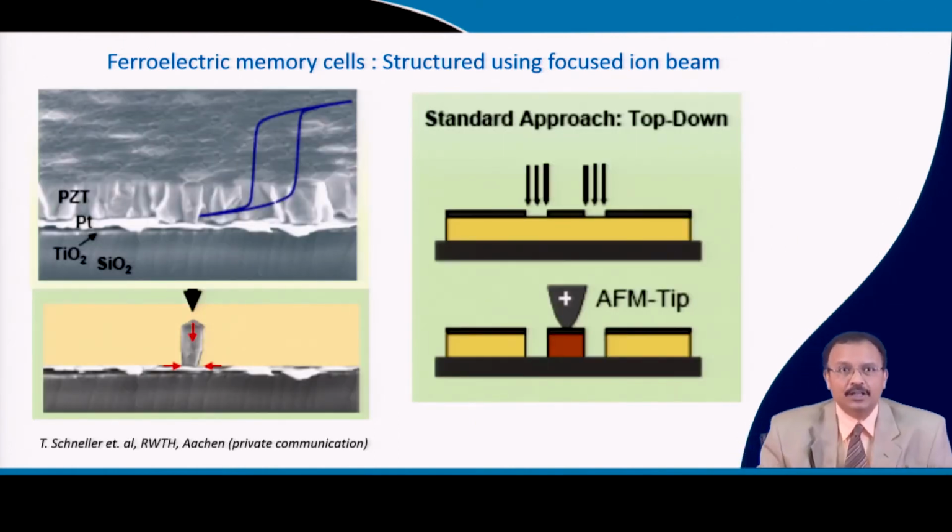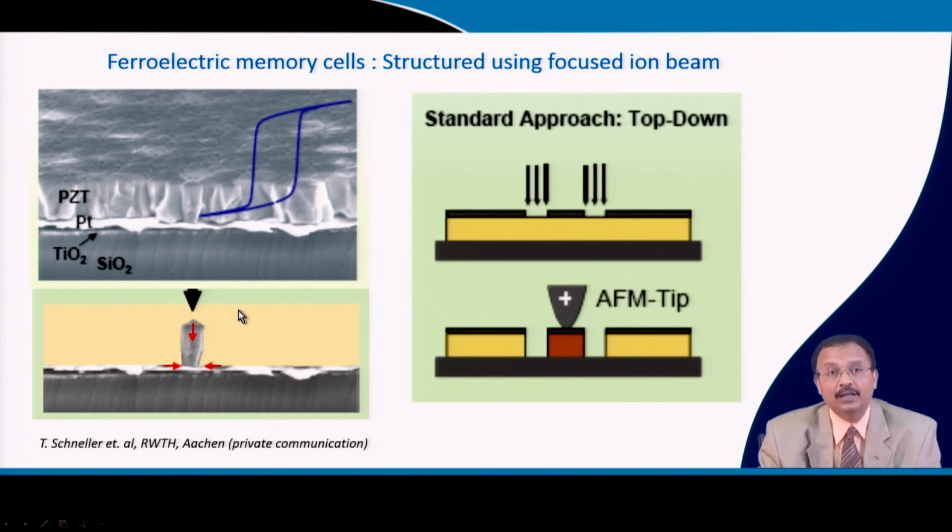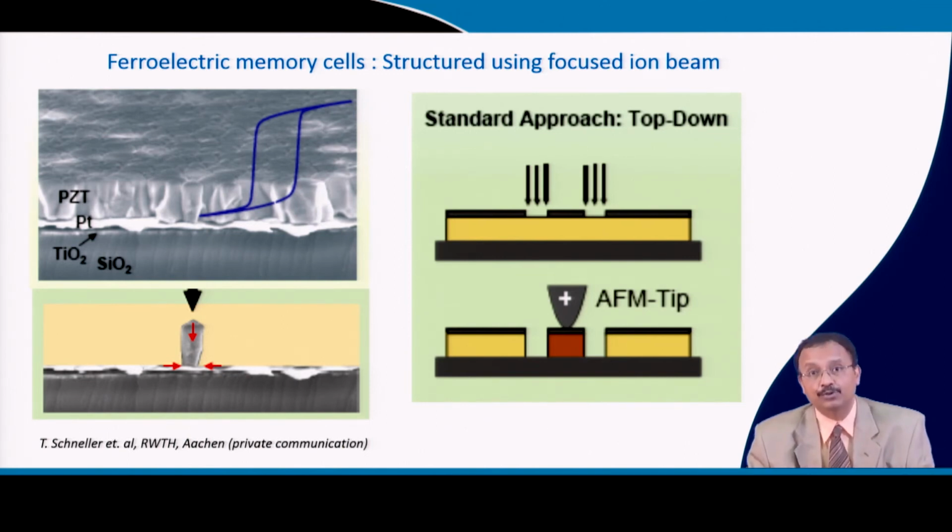Once the structure becomes very small, smaller than this 0.2 by 0.2 micron, then measuring with a normal ferroelectric tester is difficult. So, in that case an AFM can be used, and this special technique, which I have not covered in this course, is known as piezo force microscopy.